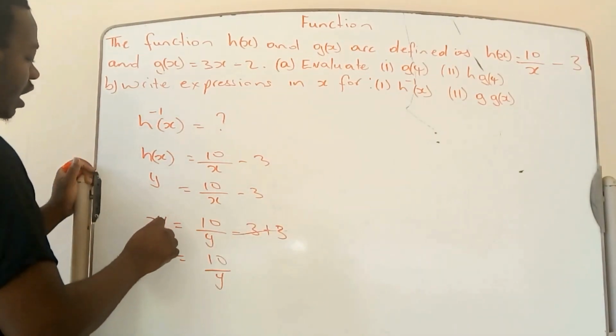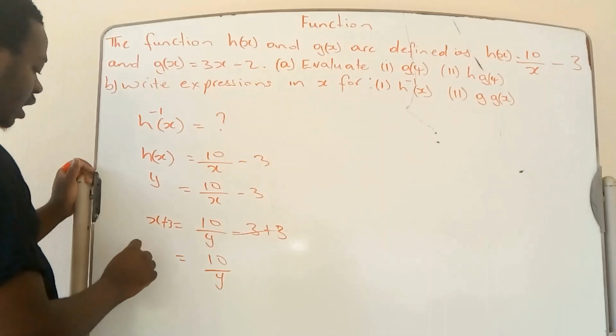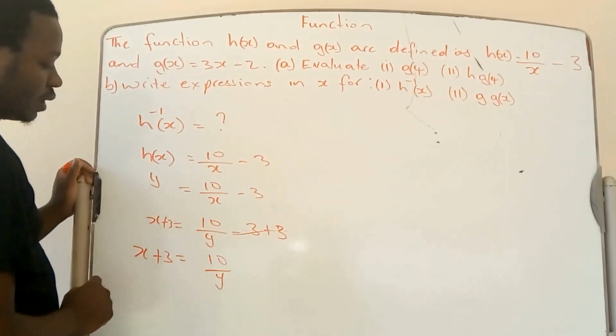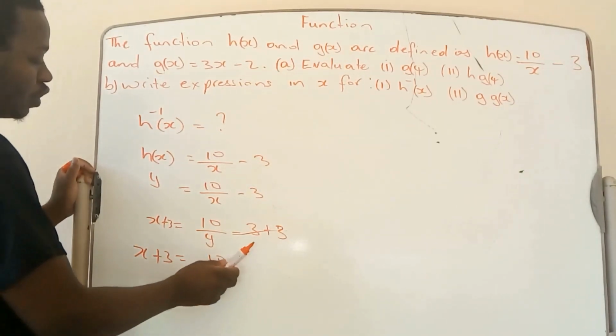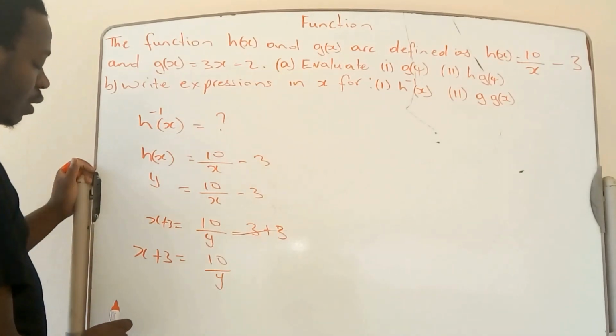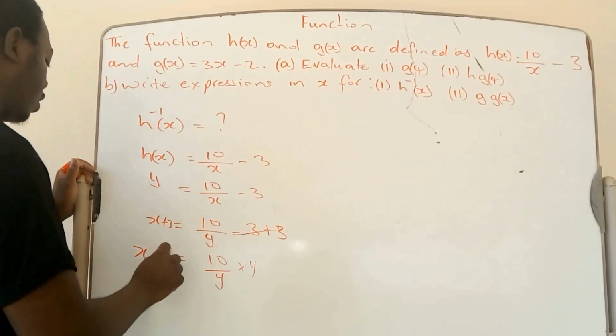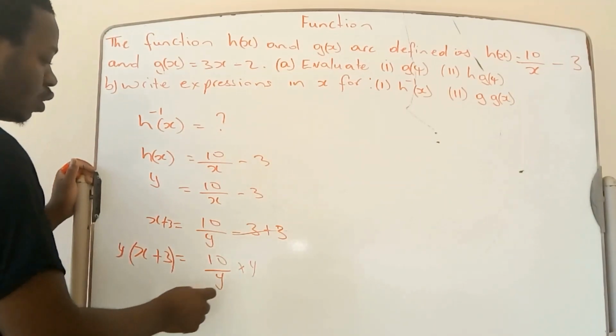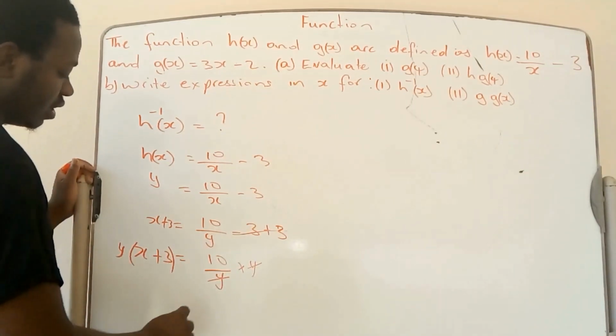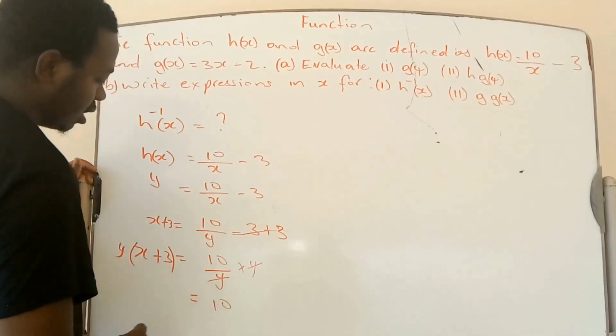And if you add 3 to this side, you're left with x plus 3, right? Now we're going to multiply both sides by y. If we multiply this side by y and this side by y, y will cancel y on this side. So on this side we're left with 10.